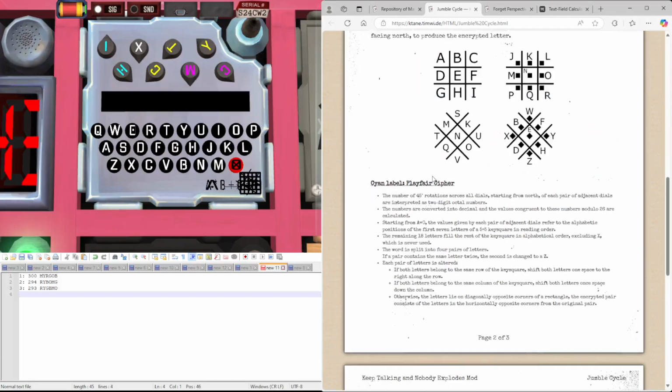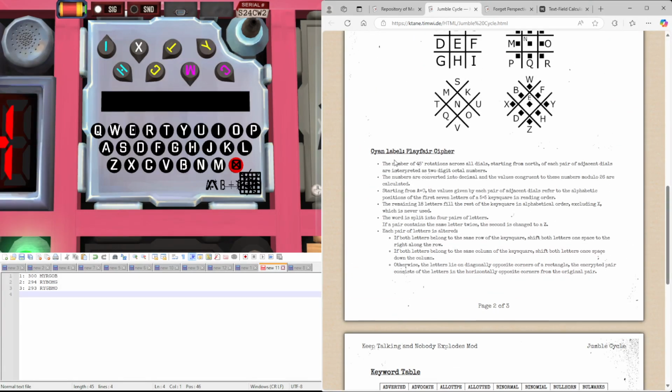So over the Playfair. Before I write communication across all dials, starting from the octal number. It's basically the decimal frequencies as much as 26 are calculated.